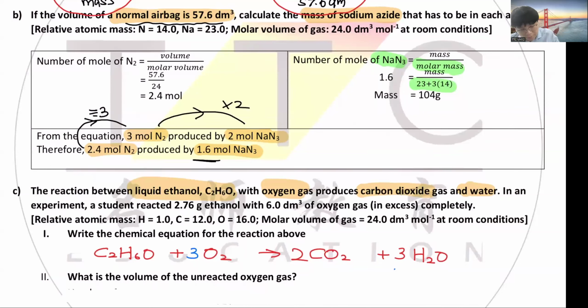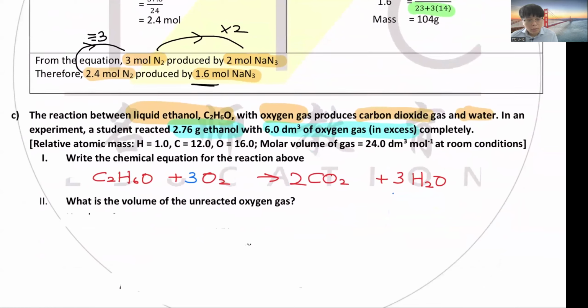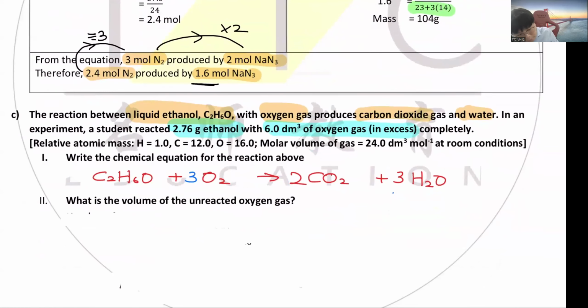Okay, this question is a bit special. They give you this, but they tell you your oxygen is in excess. Your oxygen is in excess. So that means given you this 2.76 gram of this, and the gas, they want you to find how much is the unreacted gas.